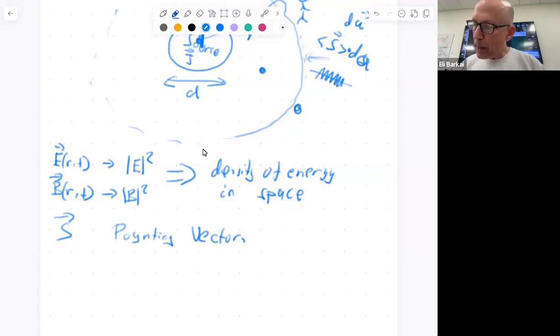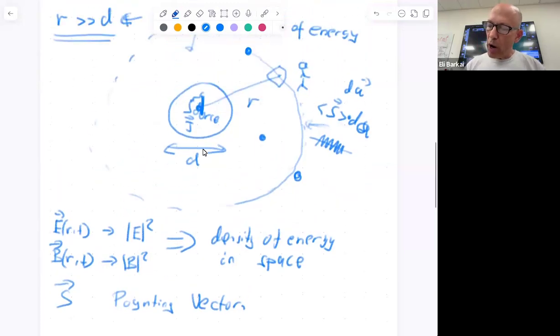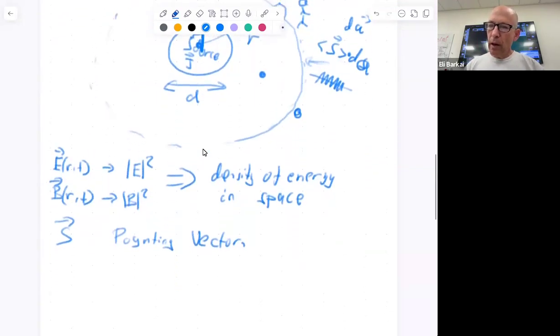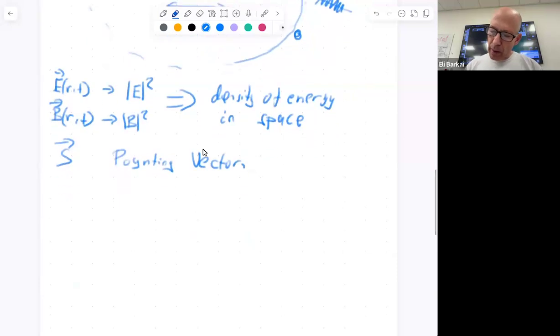So this S will depend on where you are on the surface. There is another quantity, the power. What is the power? The power is the energy per unit time.